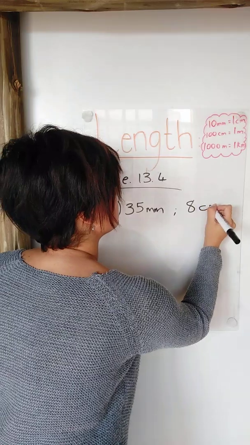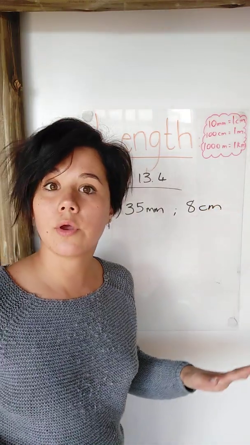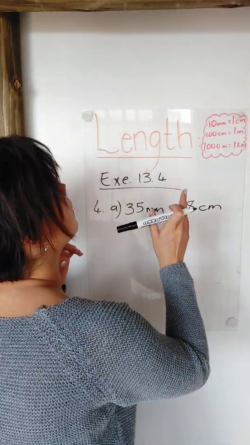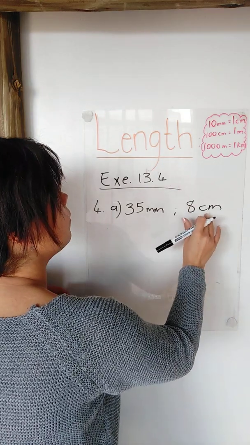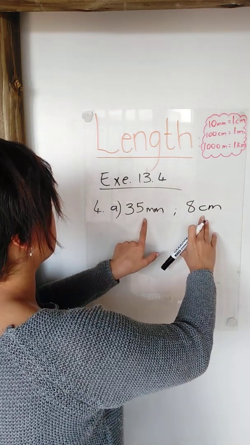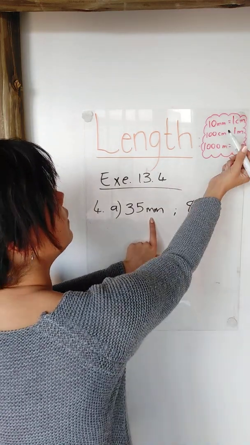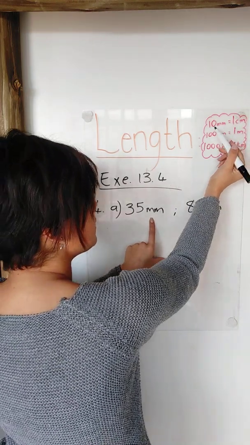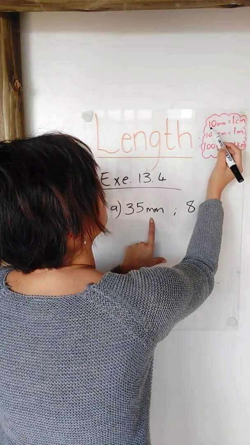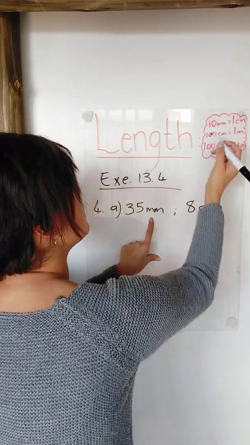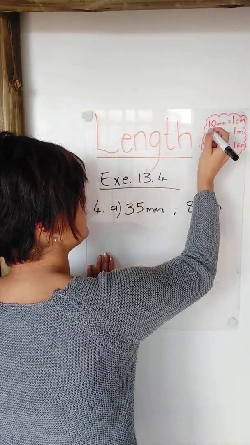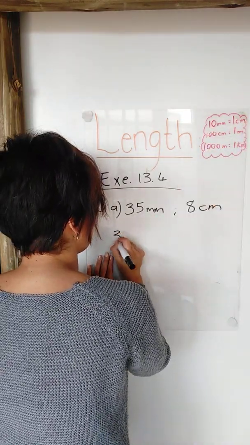and then 8 centimeters. Okay, so now you're gonna convert them to the easier one. So the easier one would be centimeters. Now you're gonna convert this. How do we convert? There's 1 centimeter for every 10 millimeters. Now you're gonna divide 35 by 10 to make it centimeters.